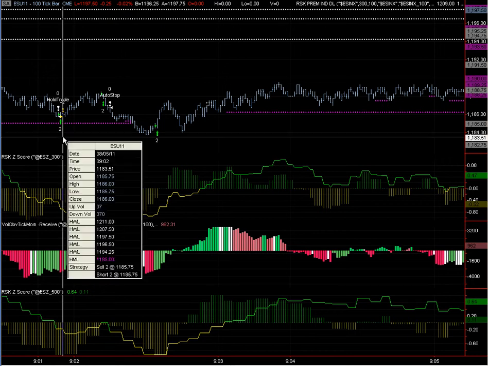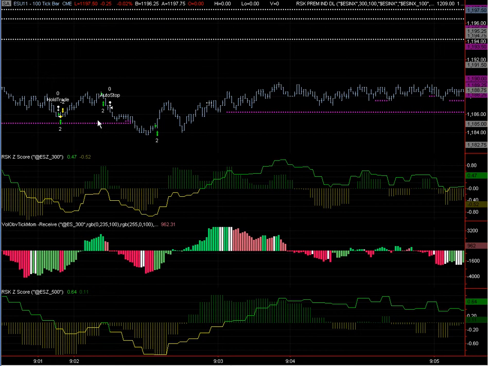So we have this short trade here, and the market moves against us. Now why aren't we getting stopped? Oh, and by the way, before I go into this detail, there are no protective stops. There's no stop in here other than the auto stop feature, which I'll describe in a second. There's no break-even stops, there's no profit targets, there's nothing.